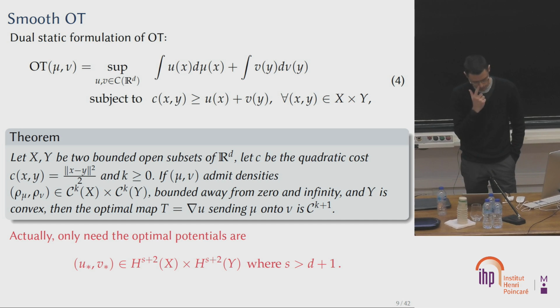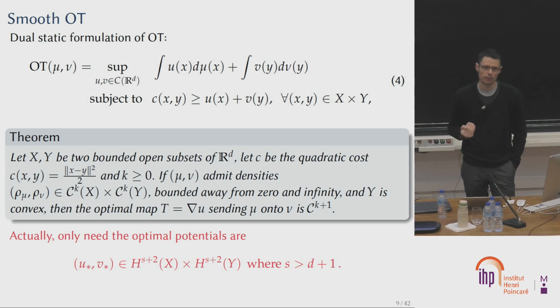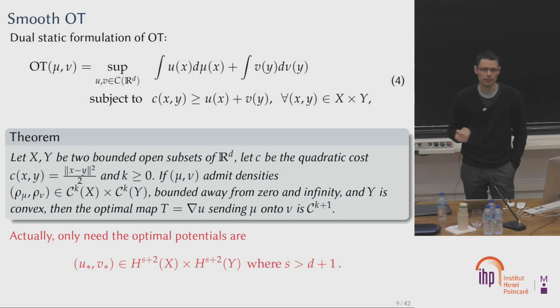And what we are going to assume in this talk is that the optimizers U star and V star are in a Sobolev space of order greater than the critical index for the product space R^d times R^d. Okay? So it's d over 2 times 2, plus 1.